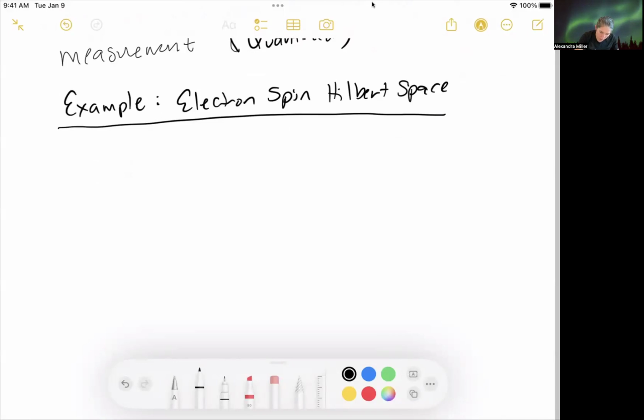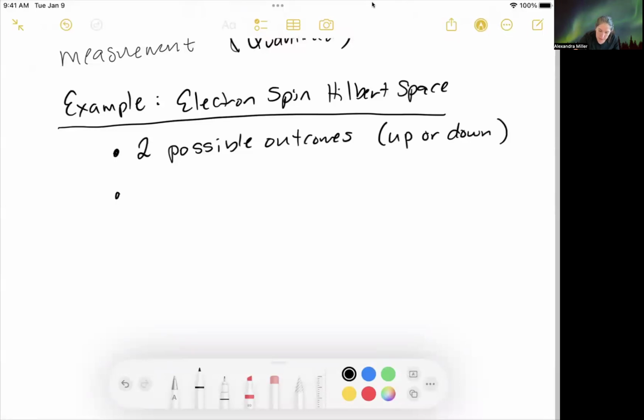So recall this electron is spin 1/2, and if you measure the spin of the electron along a particular axis, the outcome is always up or down. So there are two possible outcomes, up or down. This means this is just a two-dimensional Hilbert space. So therefore, the Hilbert space has two dimensions.